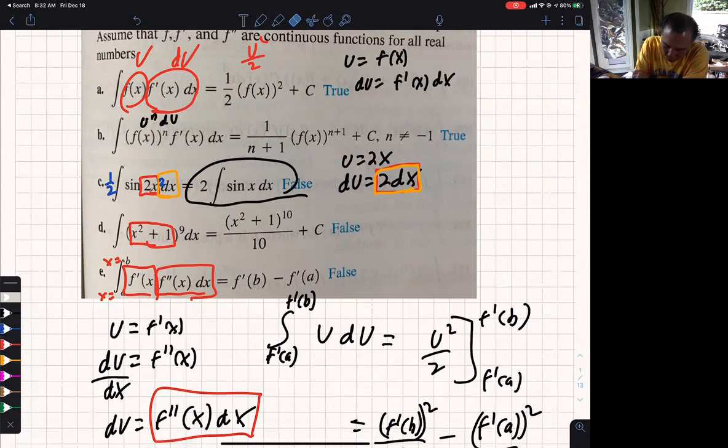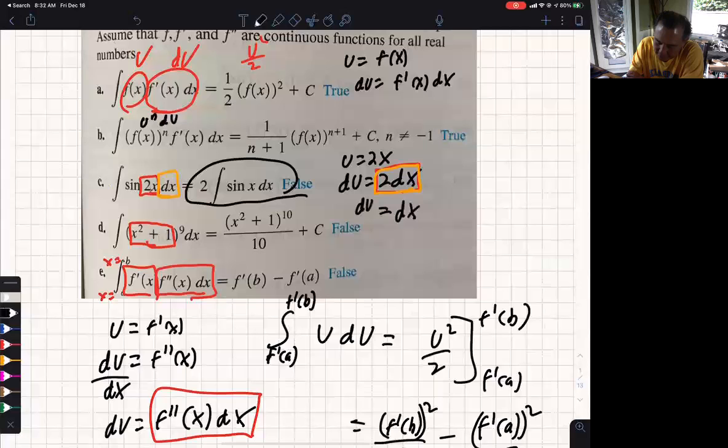Okay. So as I look at this problem, I notice I don't have 2dx here. I need a 2 there, but I don't have it. So the other method is to solve for dx. I'm going to divide both sides by 2, and I get dx is du over 2.